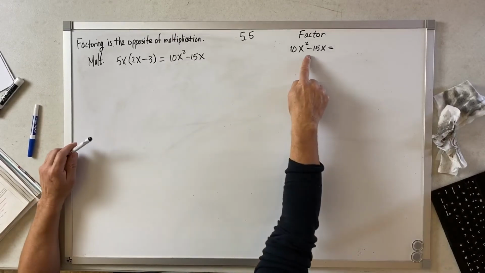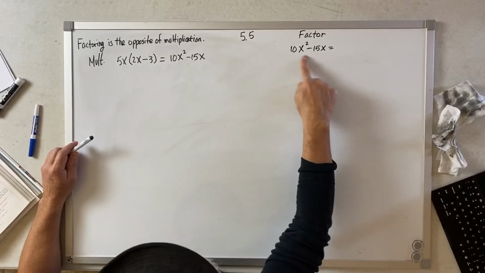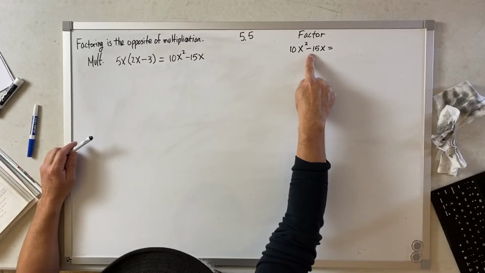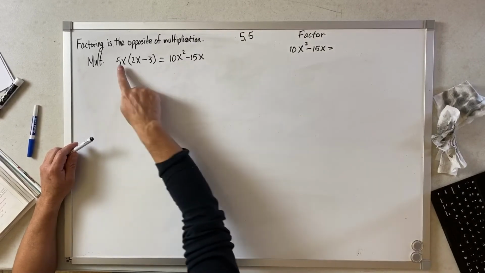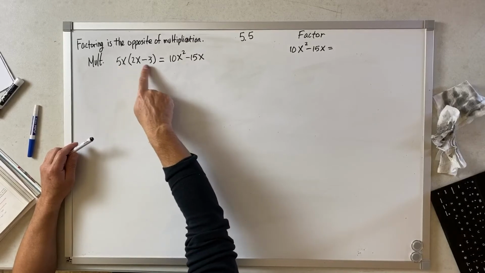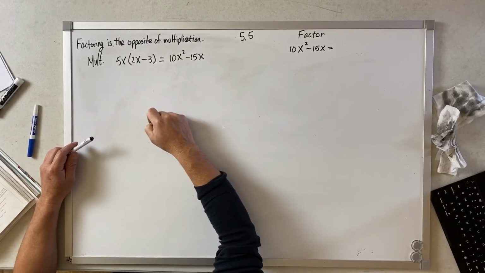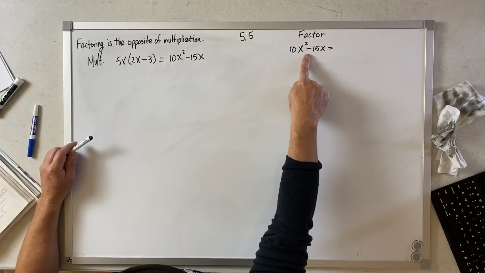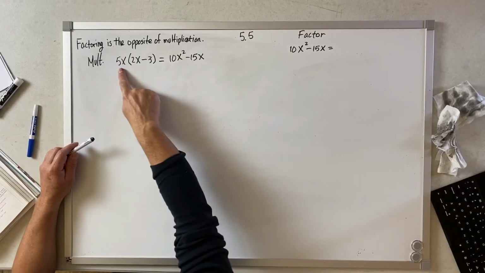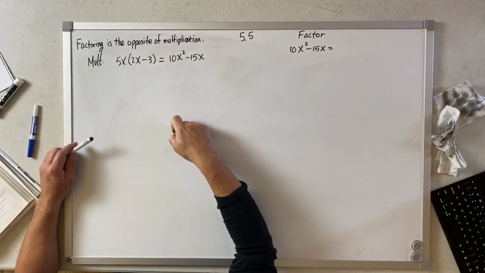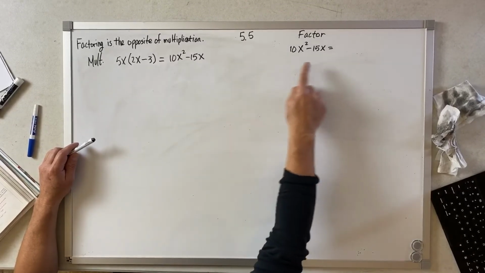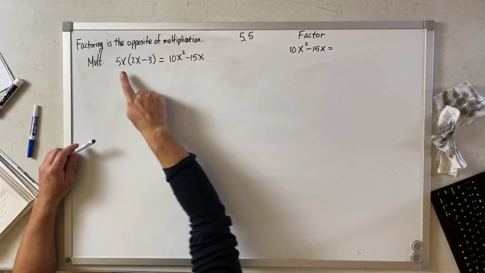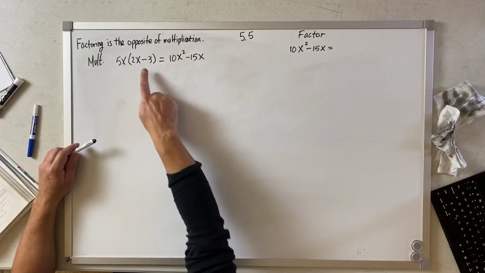Note, I got this by multiplying 5x times 2x minus 3. So when I factor this, I better get 5x times 2x minus 3, because factoring is the opposite of multiplication.